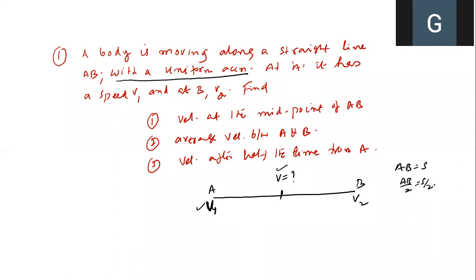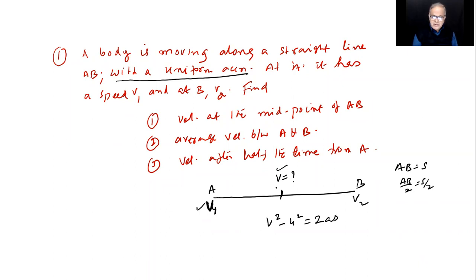One equation consisting of v, v1 and S is v square minus u square equals 2aS. So v square minus v1 square is equal to 2 into a, unknown, into S by 2. S also is unknown, that's not a big deal.